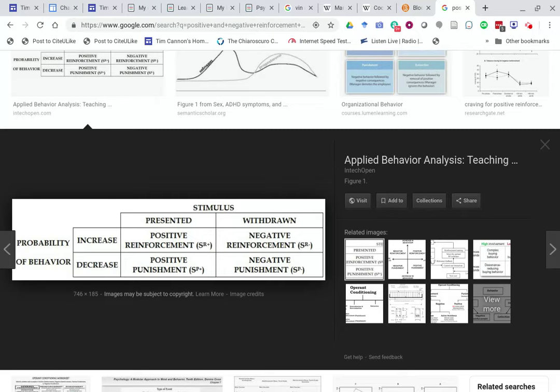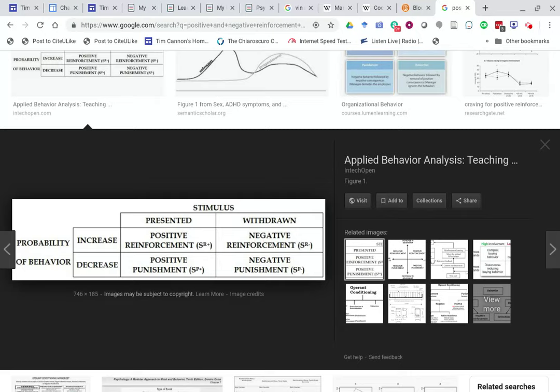Now, what's not in this table, but I want you to use in your answer, I'm going to ask you to operationally define, that is, define one of those four cells. And the first thing you should say in that answer each time is contingent upon behavior.